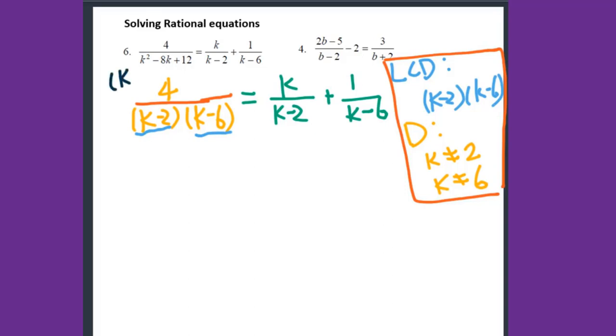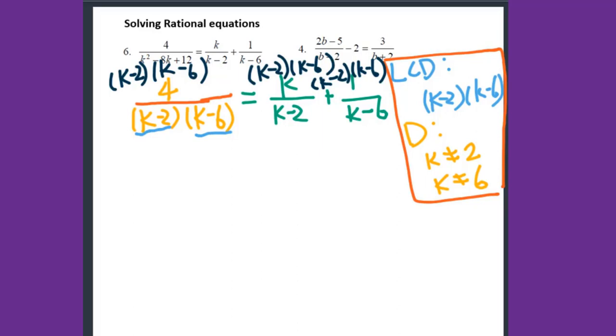So let me write down k minus 2 times k minus 6 for this part, this part, and this part.